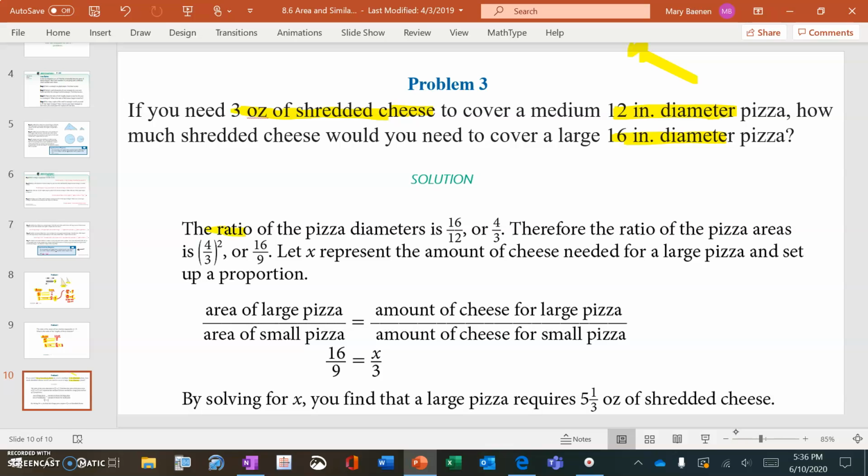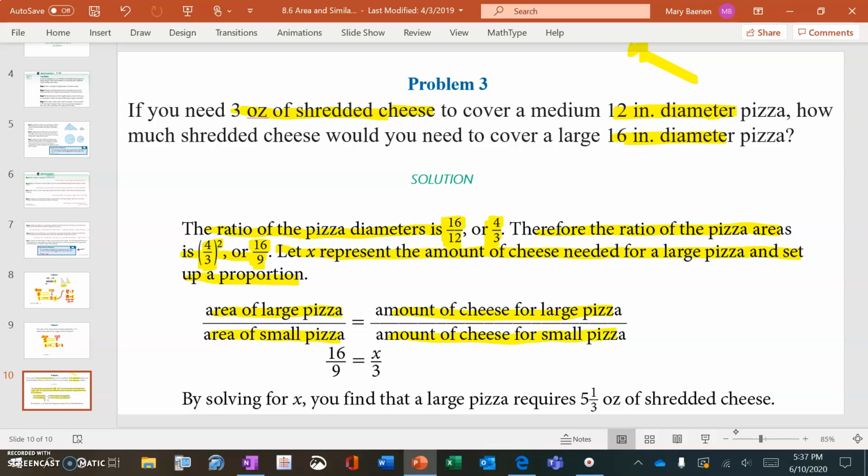So this is what it says. The ratio of the pizza diameters is 16 over 12. If I divide by 4, that's 4 over 3. Therefore, the ratio of the pizza areas is 4 squared over 3 squared, or 16 over 9. Let x represent the amount of cheese needed to cover the large pizza, and then set up a proportion. The area of the large pizza over the area of the small pizza is the same as the amount of cheese for the large pizza over the amount of cheese for the small pizza.